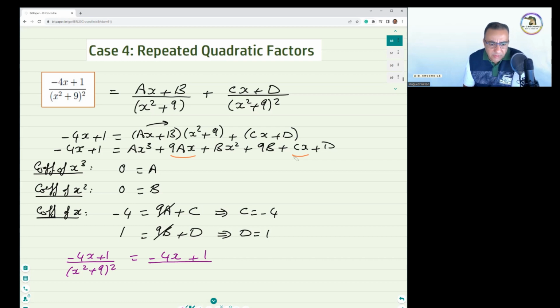So this is the simplest form of that fraction. This is how you deal with repeated quadratic factors. You set up your form: the numerator is first degree because it has to be one degree less than the denominator, and then you have to consider the two cases, the first case with the bracket and the second case with the factor to the power of 2.